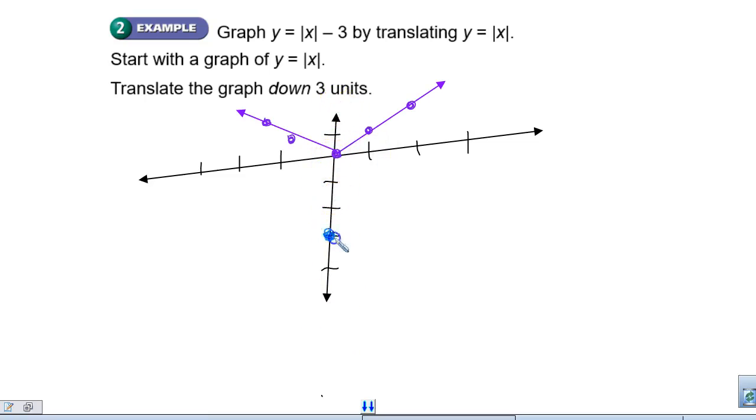So I'm going to start at -3. But my slope is going to be the exact same. I'm still going to go up 1 over 1, up 1 over 1, up 1 over 1, up 1 over 1.